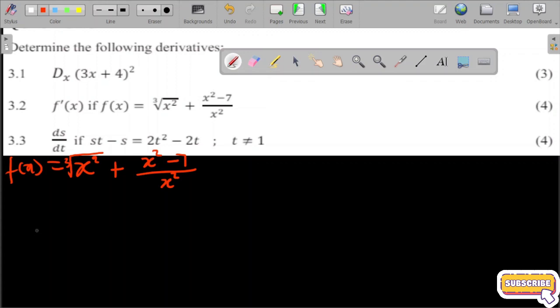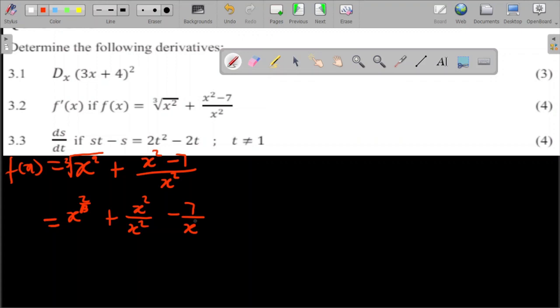Good people, now we're doing 3.2, where we're doing the derivative of 3x into the cube root of 2, plus (x squared minus 7) all over x squared. Now, before deriving this, I must first put everything into my standard form. So I'm going to have x to the power 2 over 3, and then plus, now this one, I'm going to separate it like x squared over x squared, and then minus 7 over x squared.